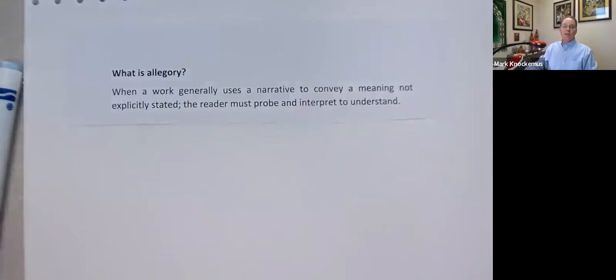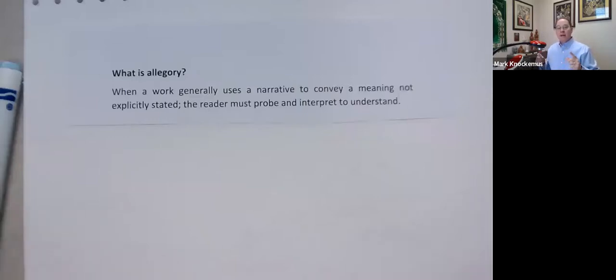An allegory is when a work of art is going to use a narrative. And by a narrative, we mean a story. And what that story is going to do, it's going to convey the author's, the poet's, the playwright's meaning.